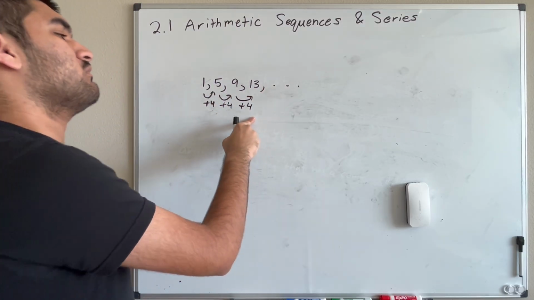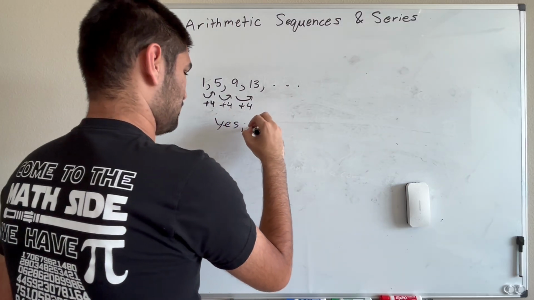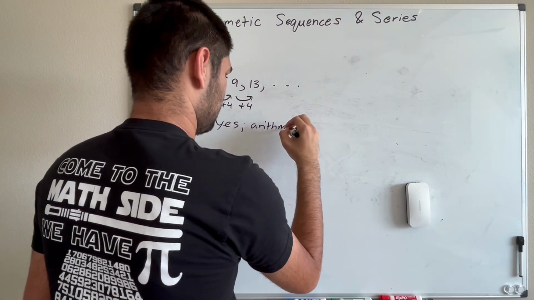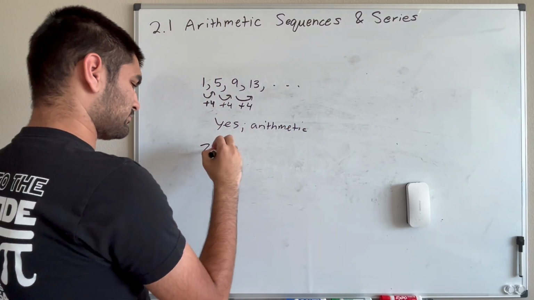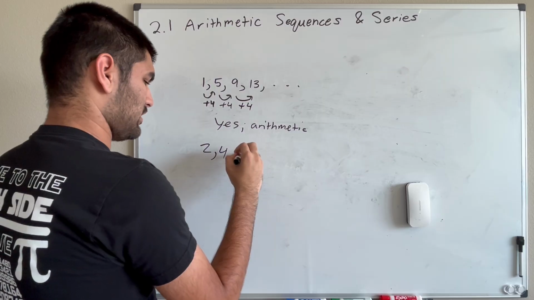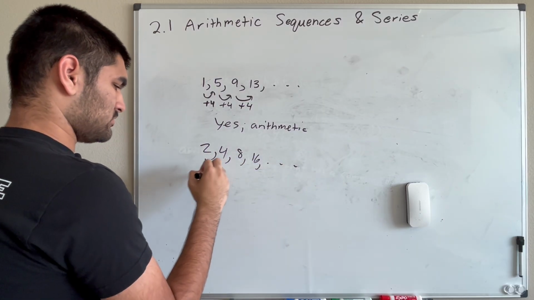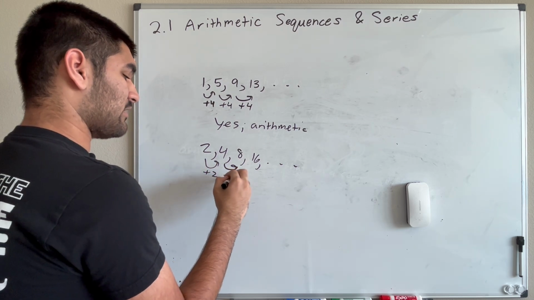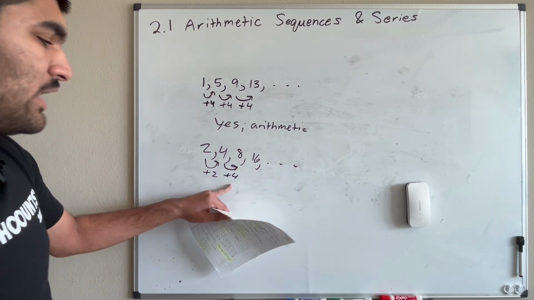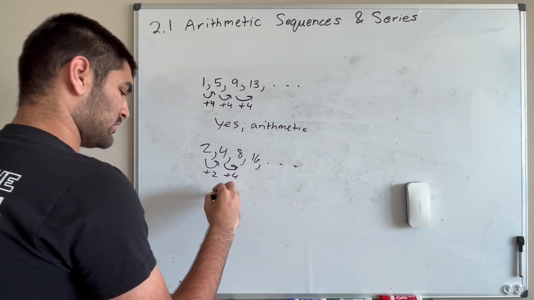So we can be pretty confident this is arithmetic. So yes, it's arithmetic. Let's do another one. Say we had 2, 4, 8, 16, and so on. Here from 2 to 4, we have to add 2. From 4 to 8, though, we have to add 4. So if there's even one exception to the rule, then you can automatically deduce that this is not arithmetic.